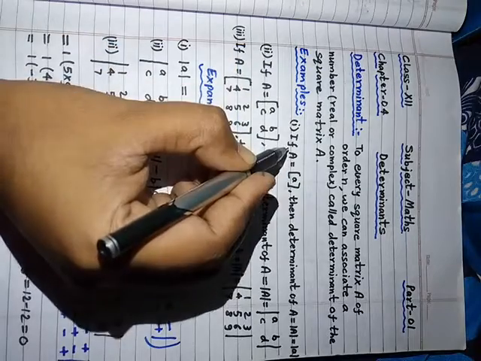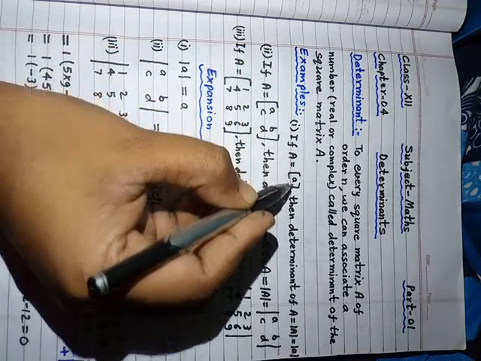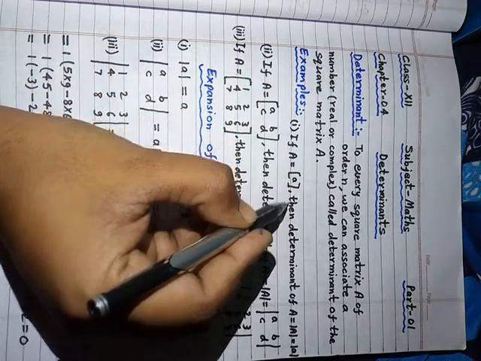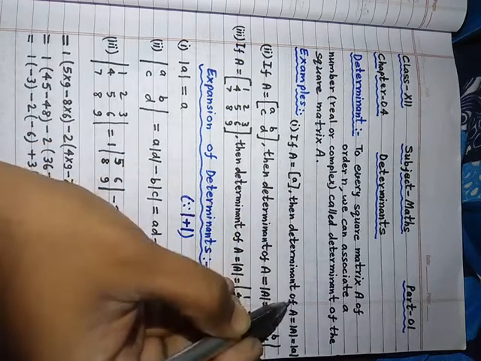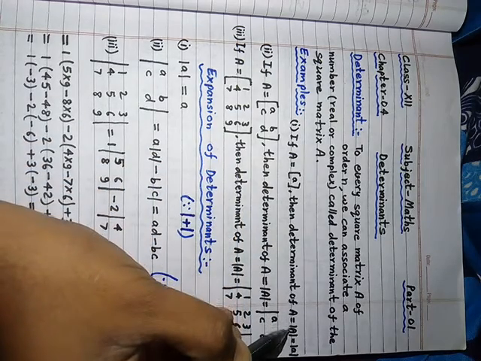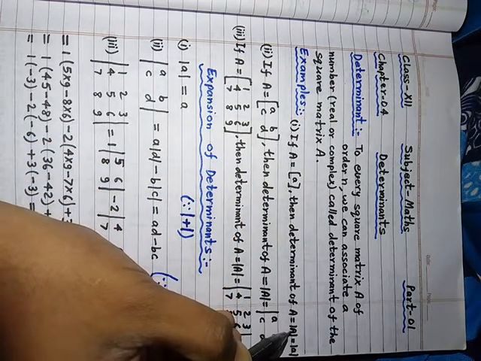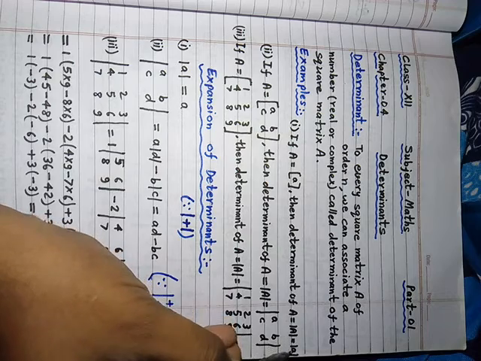Examples: if A is equal to matrix [a], then determinant of A is equal to mod A, or determinant A is equal to a.